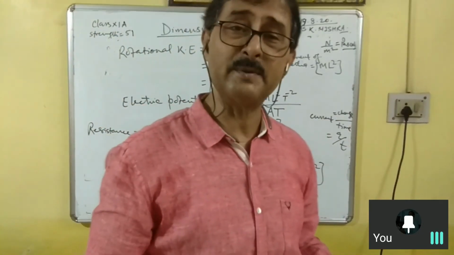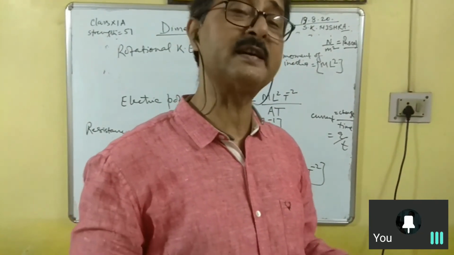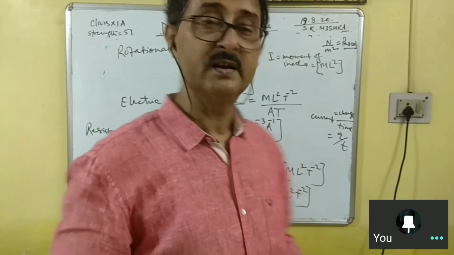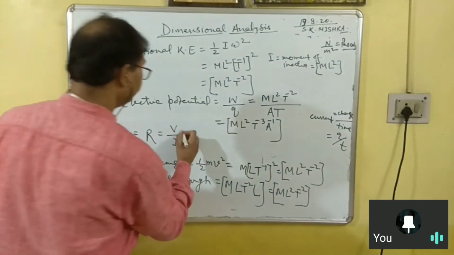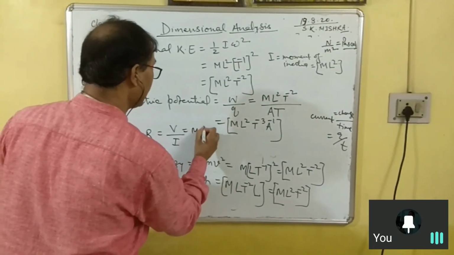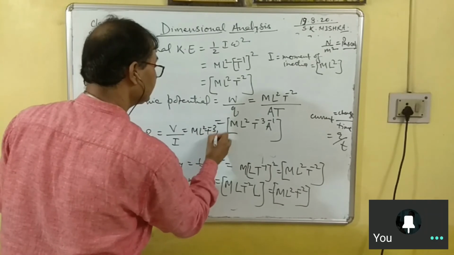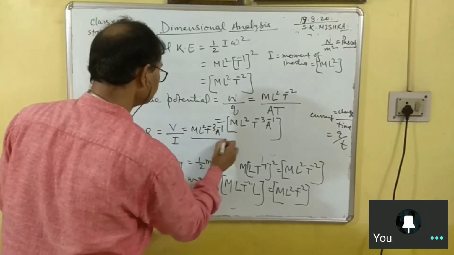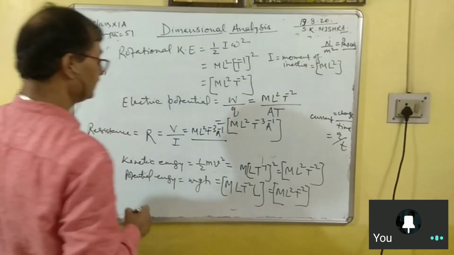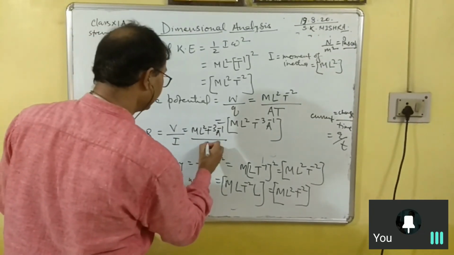Whatever is the dimension of velocity, the same is the dimension of change in velocity. So for V it is ML²T⁻³A⁻¹ divided by I for ampere, so write ampere here.